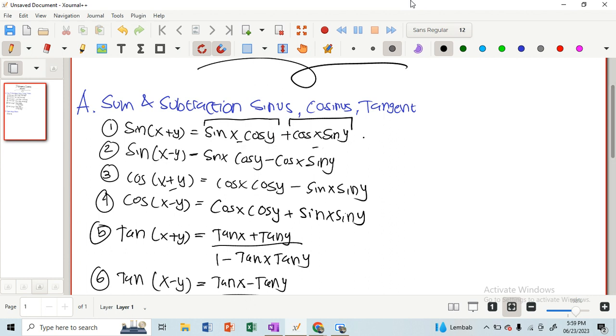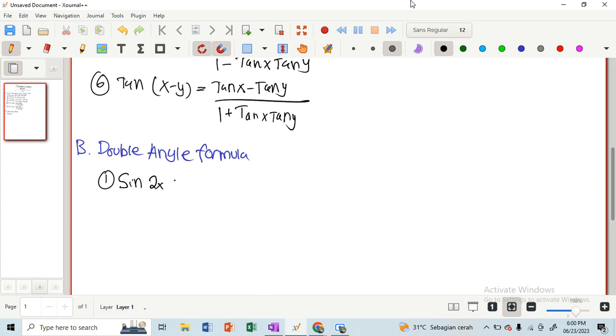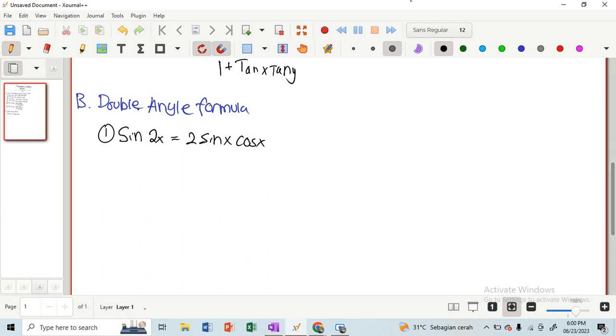This term is sine x cosine x, and this term is also sine x times cosine x if we arrange it a little bit. If we add both terms, it becomes 2 sine x cosine x. This is the formula for the double angle. Okay, we get the double angle formula.